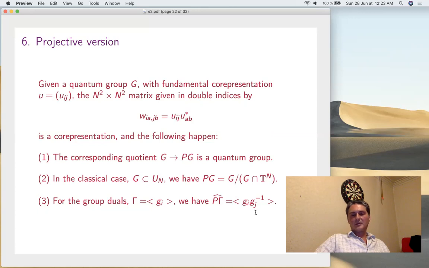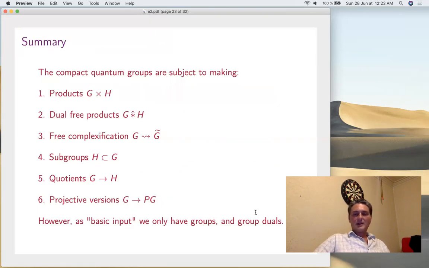That's exactly what I wrote here. So very good summary again. We have this theory, and now we have these six operations: products, dual, free products, free complexification, subgroups, quotients, projective versions. So this looks very, very good.